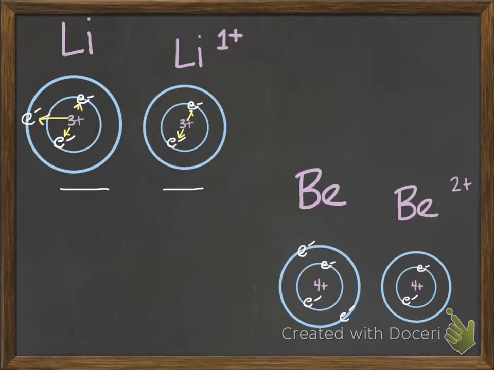The same goes for beryllium. In the neutral beryllium atom, we have 4 protons exerting an attractive force on 4 electrons, and 2 of those electrons are somewhat shielded by the first main energy level. When beryllium gives up those 2 electrons, not only has it lost an entire energy level, which we could show like that, but the 4 protons are now exerting an attractive force on only 2 electrons, very unevenly matched.